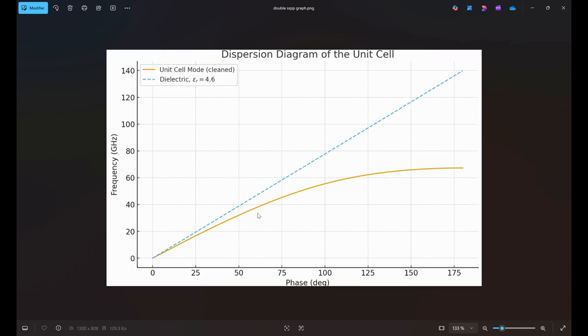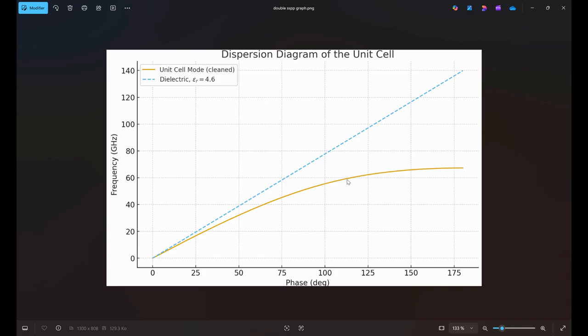You can see that the unit cell dispersion is non-linear, so if you want to use it for phase-sensitive applications, it's going to be a very narrow band, so it's not recommended to use SSPP for this case.